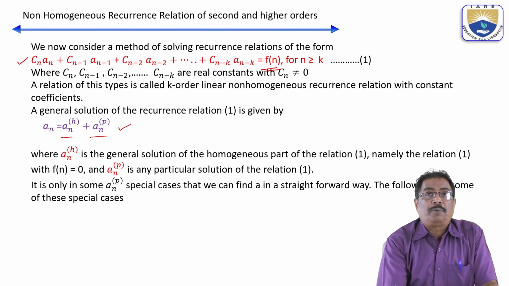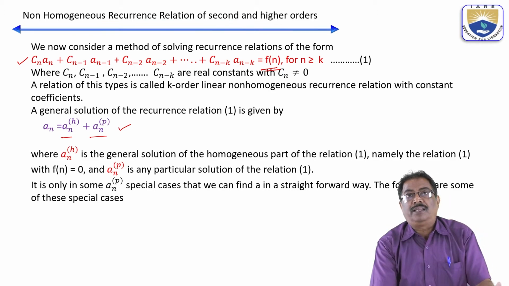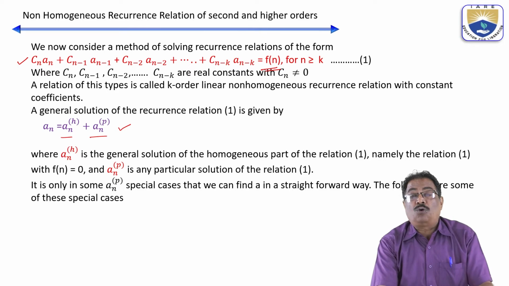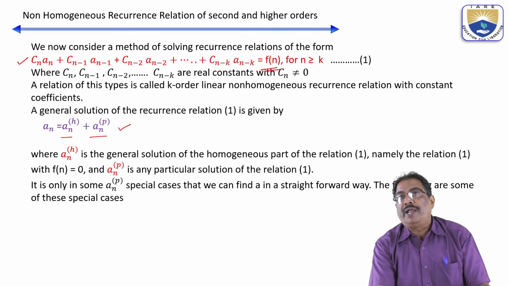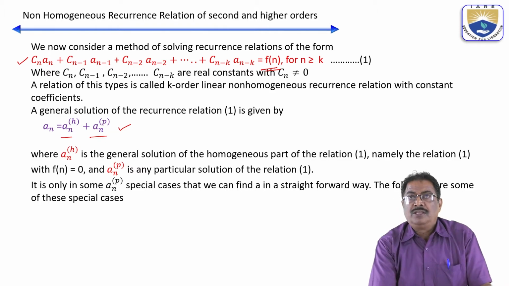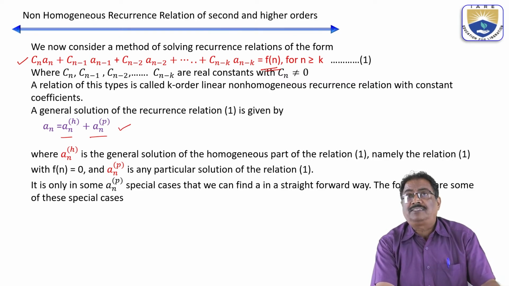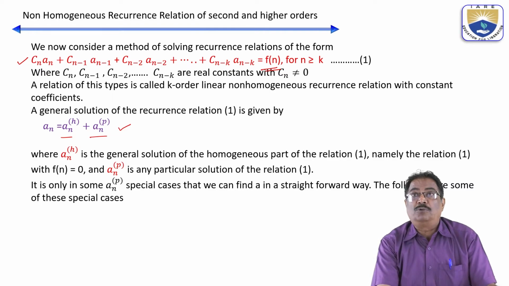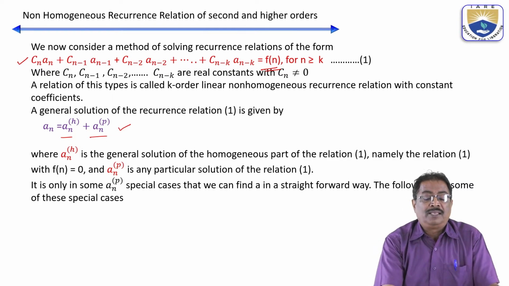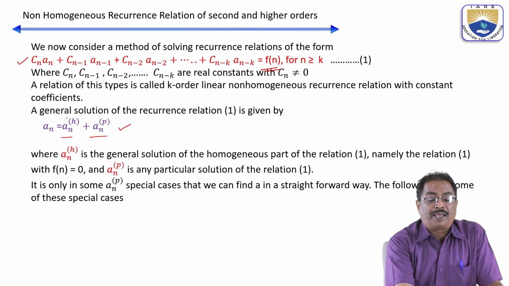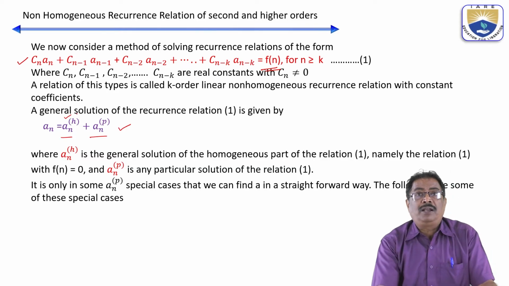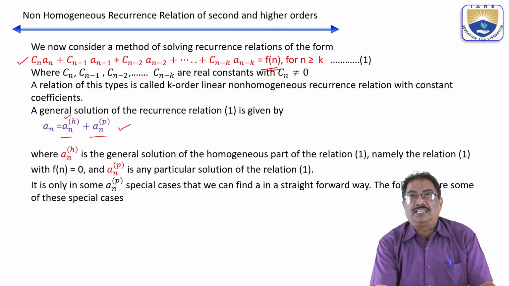Here an to the power of h is nothing but the general solution for the homogeneous equation. Homogeneous equation means you make f of n equal to 0, write the auxiliary equation, find the roots, and according to the roots write its general solution for the homogeneous. That is nothing but the solution an power h.